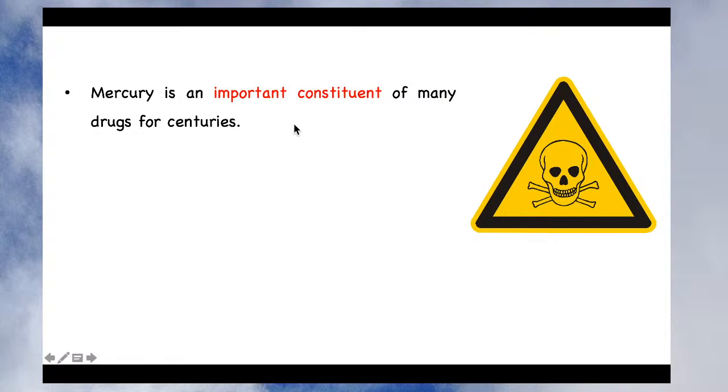It is present in drugs, especially in Ayurvedic formulations, where the source is from the herb, and mercury itself is used to a certain extent for the treatment of some disorders. So mercury is an important constituent of many drugs for the century.